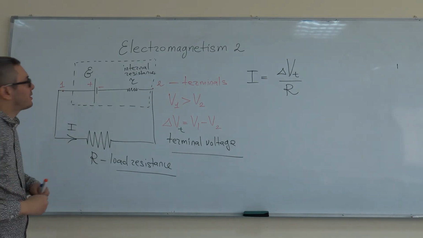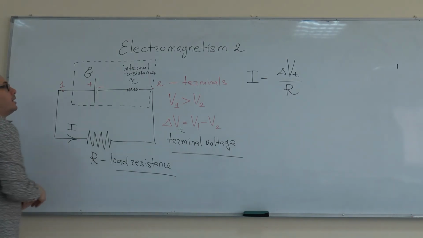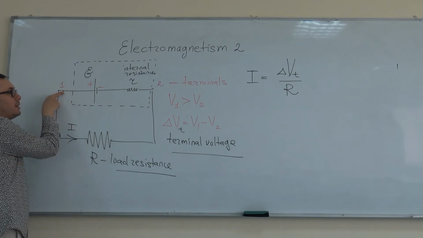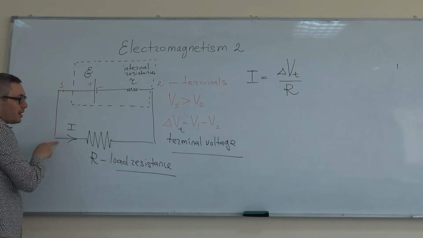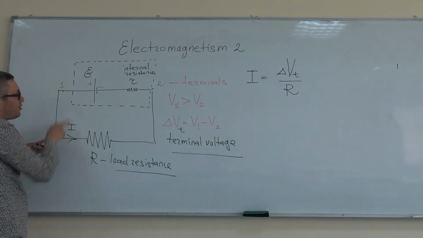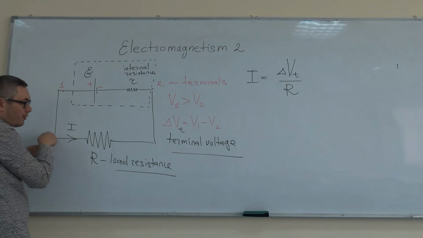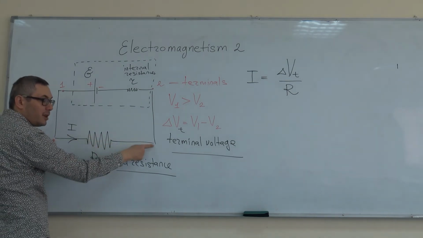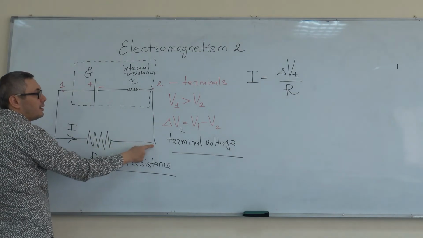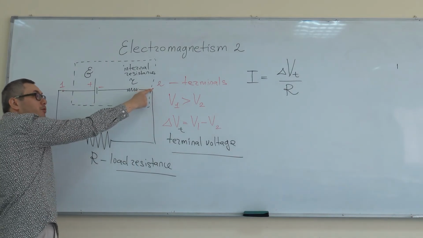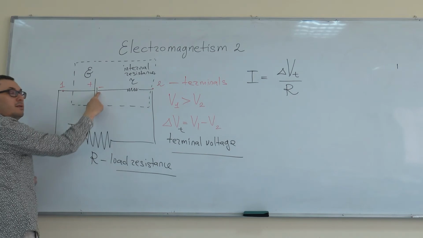Now let's think about this current. As the current starts from here, it flows down, and we know that it's going from a higher potential to a lower potential. So now our voltage is decreasing as we're moving here. Okay? Then we come to this point, and we move down in voltage even further.